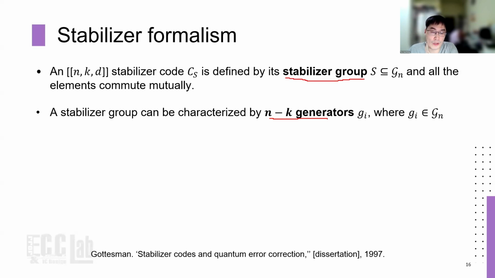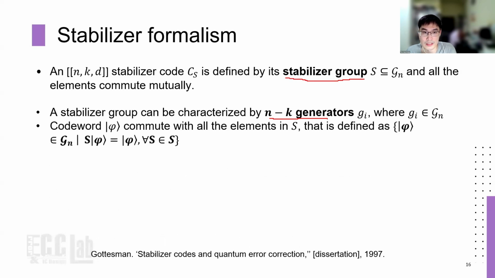So now we can define a code space. A code space commutes with all the elements in stabilizer group. So in other words, stabilizer group fixes code space. So now you can see that n minus k generators are just like the parity check equations for the classical code.